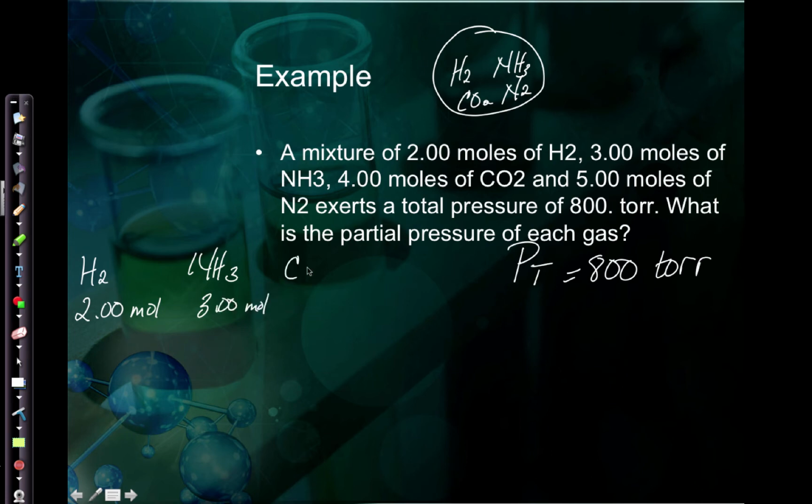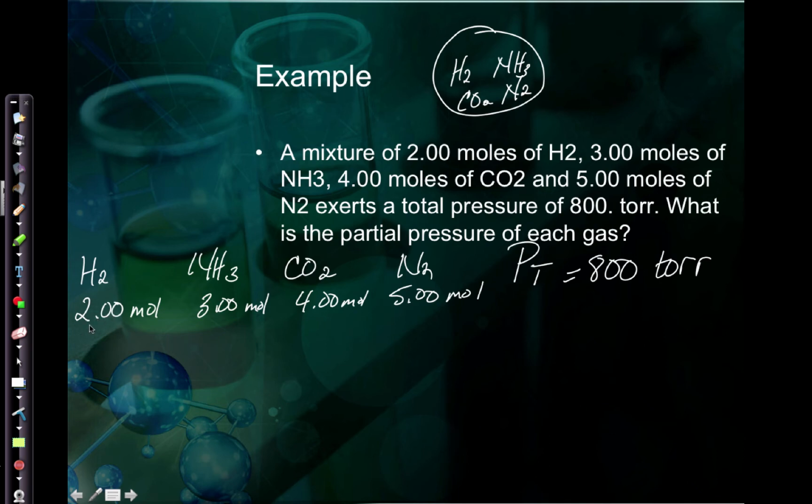And then for my CO2, I have 4 moles. And then for N2, I have 5. So what I will do is find the percentage for each gas. What it's called exactly is a mole fraction, but really it's a percentage.